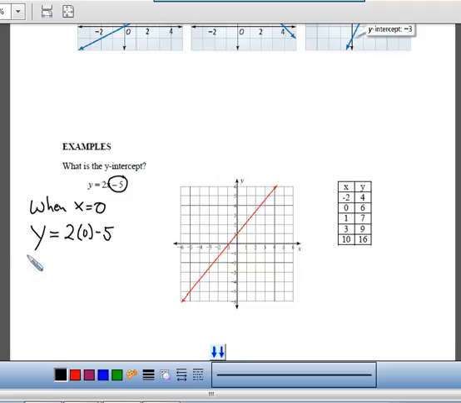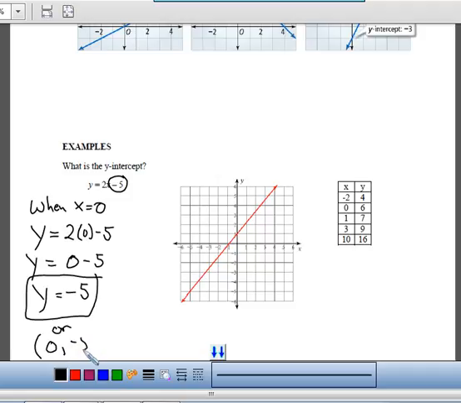What is 2 times 0? It is 0 minus 5, and 0 minus 5 is negative 5. So, there is one way to answer this, or you can describe it as a point, which is 0, comma, negative 5.